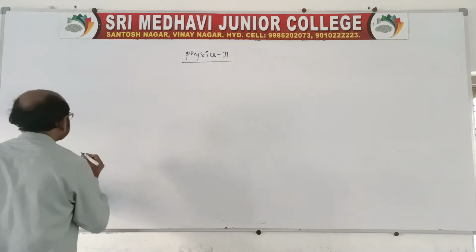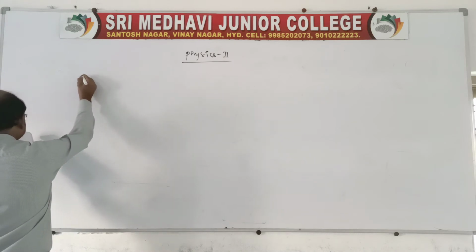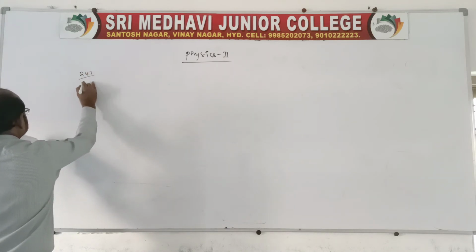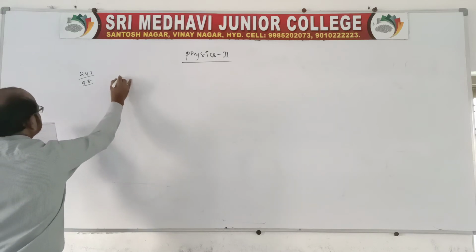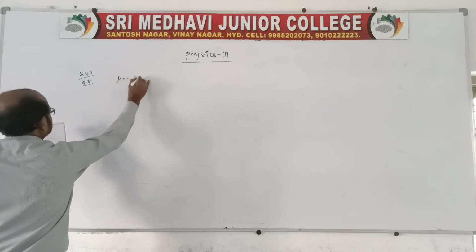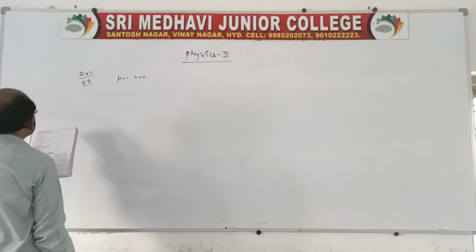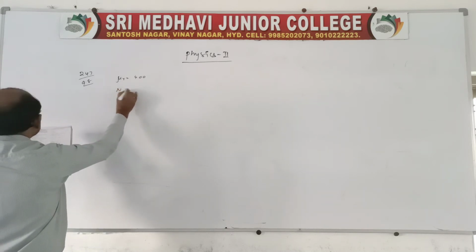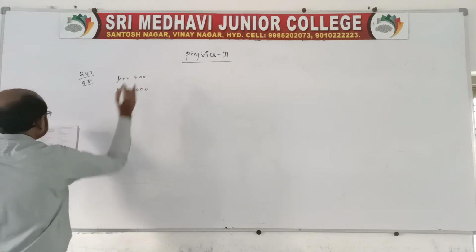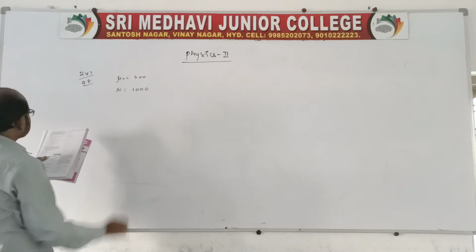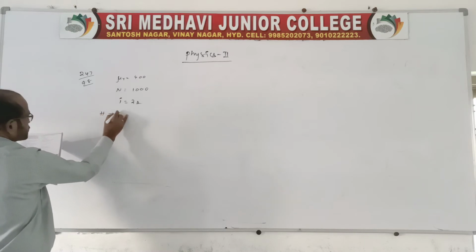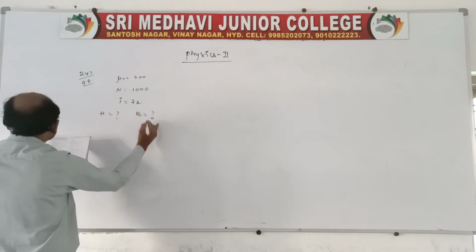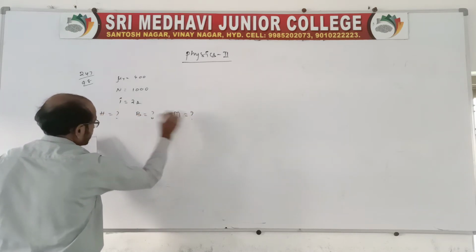Relative permeability is given: mu r is equal to 400. And the number of turns is given: capital N is equal to 1000, and the current flowing through the solenoid is 2 A. Calculate capital H, capital B and capital M. Of course we have all of these, right?